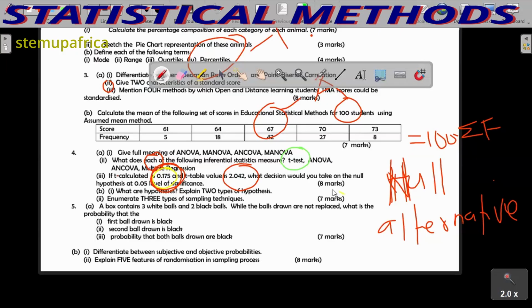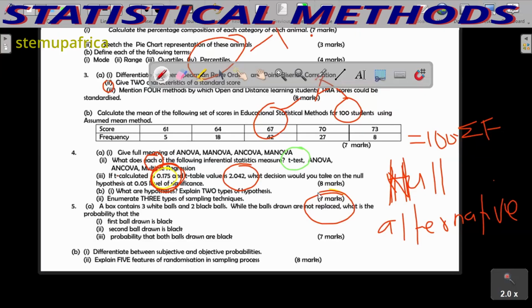That's what they mean by non-replaced. You remove one, you didn't put it back. You remove another one, you didn't put it back. So if I remove one from the bag, the total number of balls in the bag will reduce to 4 because there are 5. If I take another one out, the total will reduce to 3. That's what you mean by without replacement. You take it from the bag, you don't keep it back.